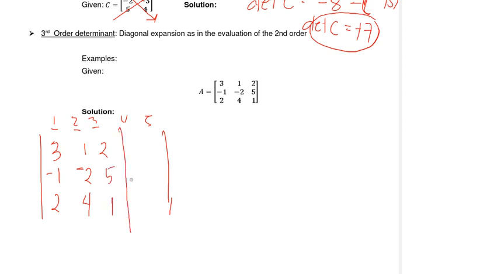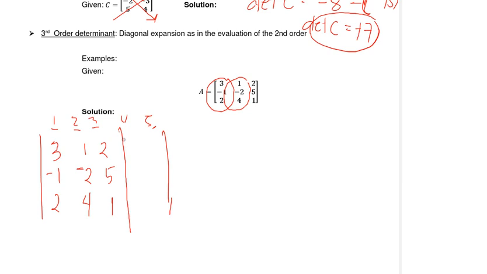So, ano yung magiging fourth column naman natin? So the first columns are the same. Yung fourth column naman natin is the same as our first column, and our fifth column sa ating arrangement is the same as the second column.